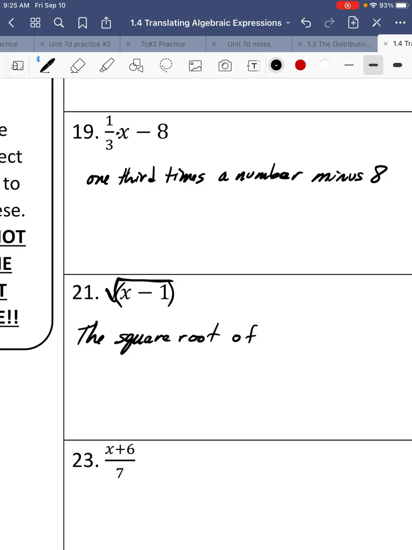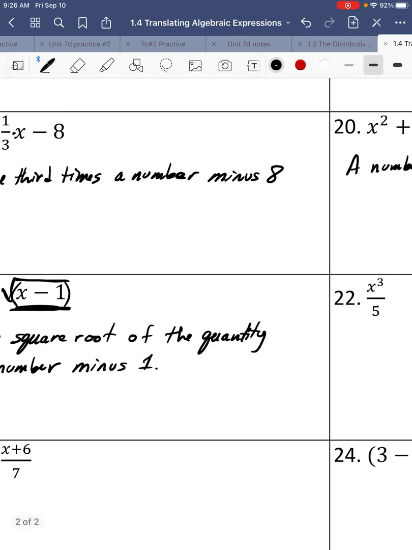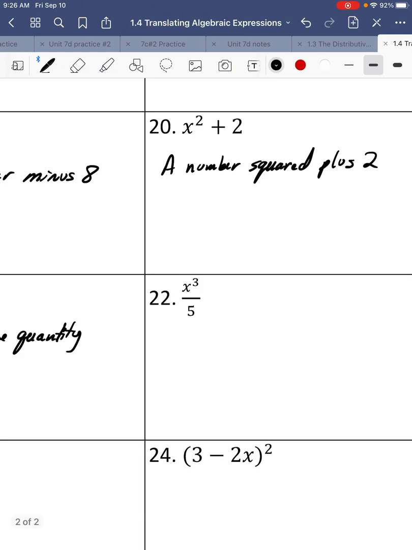The square root of the quantity x, or a number, minus 1. So it's quantity, meaning put them together, number minus 1.